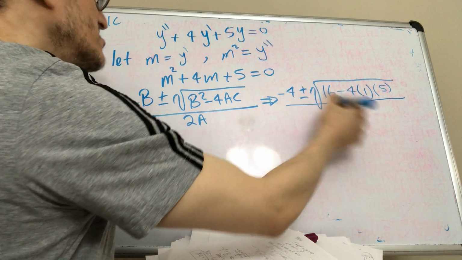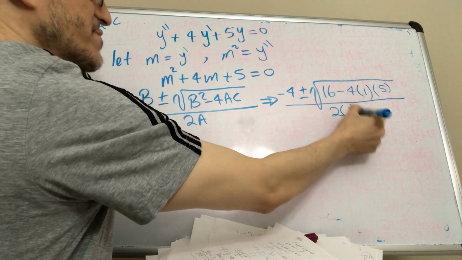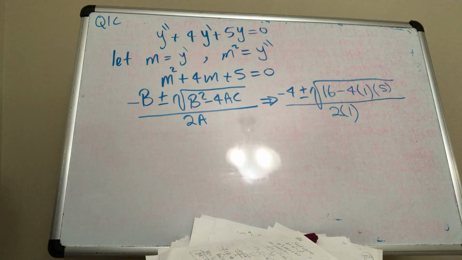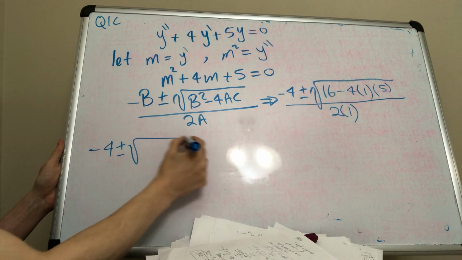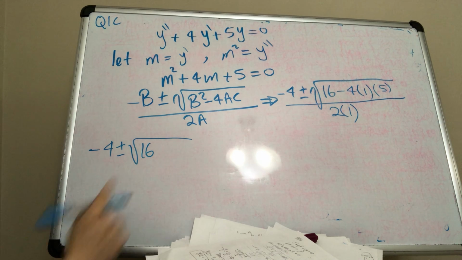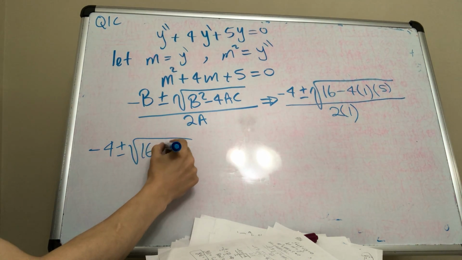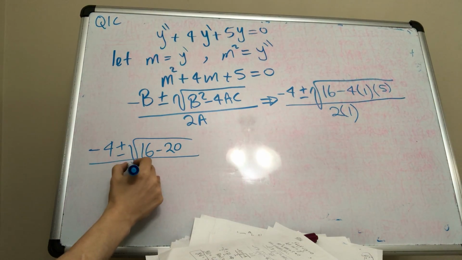All of this over 2a, 1. So you get negative 4 plus or minus the square root of 16 minus 4 times 1 times 5, which is minus 20, over 2.